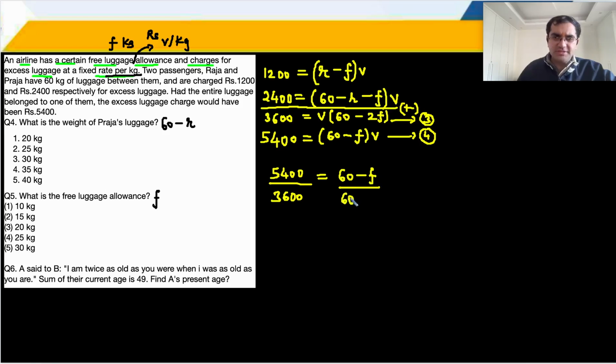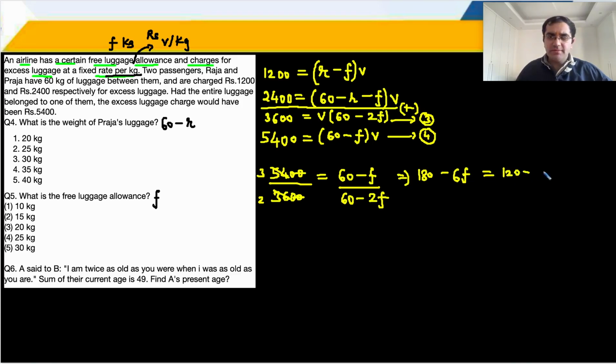Upon 60 minus 2F. Okay. 18 goes 2 times, 18 goes 3 times. So 180 minus 6F is equal to 120 minus 2F.